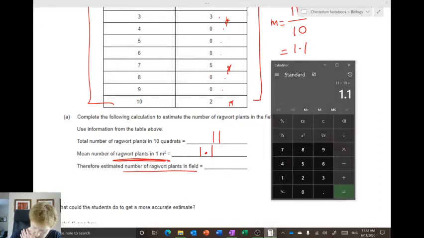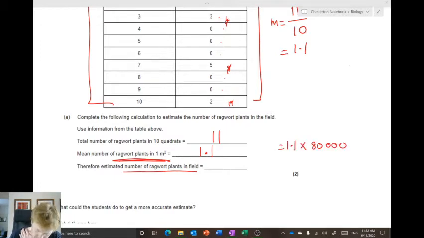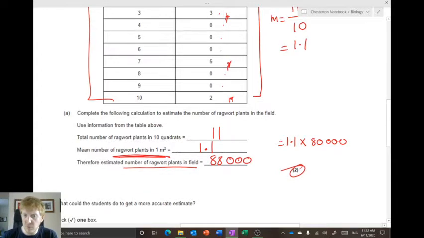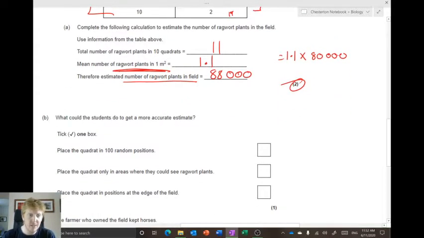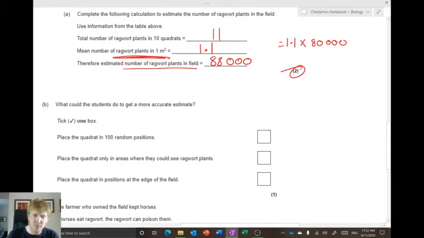So 1.1 times 80,000, and we get 88,000. This 88,000 would be your estimated number, and that's 2 from 2. Again, similar to what you did before, but it's good to practice them.